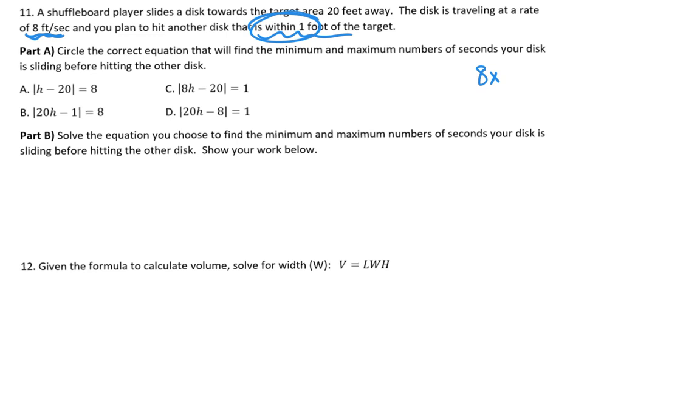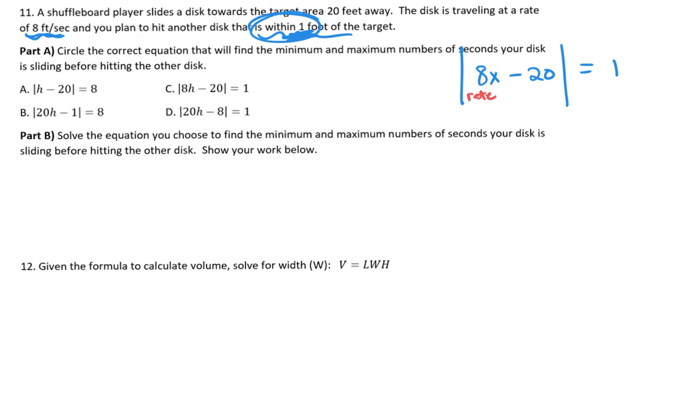So I'm recalling this from the last unit. The target's 20 feet away. So remember, it's always going to be a minus whatever you're trying to get here. We're trying to get 20 feet. And then on the outside is always going to be whatever that within number is. So since it says within 1 foot, I'll put the 1 foot out here. The 8 is there because it's the rate.